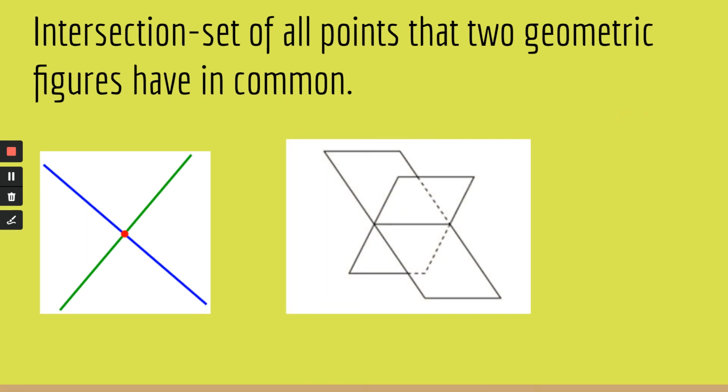If we have 2 planes that intersect, notice here these 2 planes, their intersection is actually a line. So it's this line here that shows where they intersect. I didn't give you a picture of this, but if I had a line that went through a plane, then again, the intersection would just be a point.